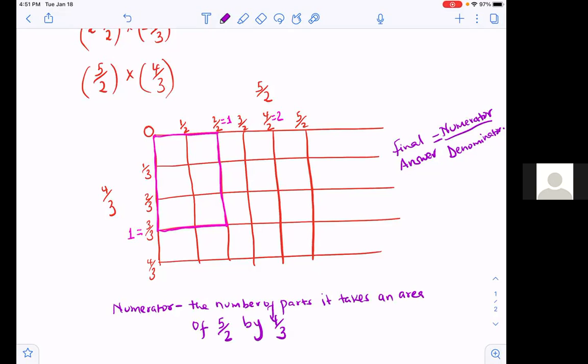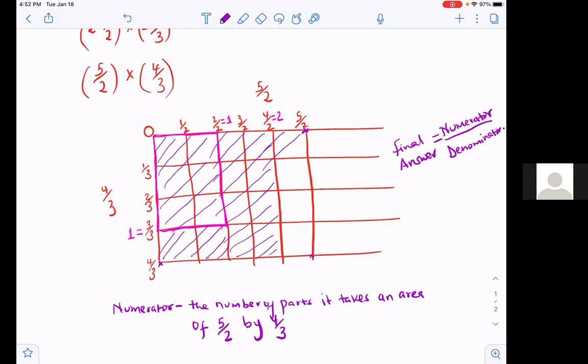So 5/2, it reaches here. That's why, you know, we were multiplying 5/2 and 4/3, and 4/3 reaches here. So if I were to shade, I can shade the area I'm interested in, which is indicated by the fractions I'm multiplying.